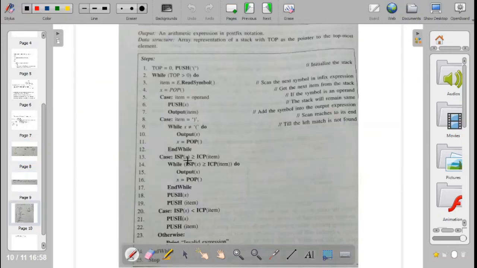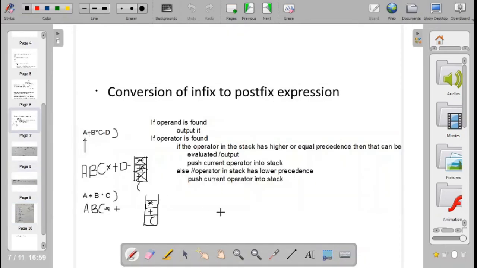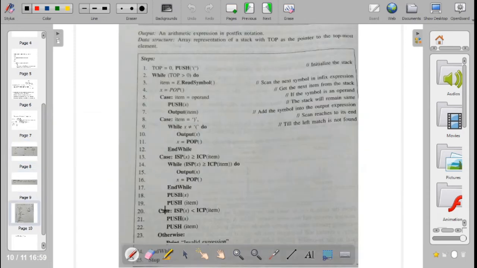If in-stack priority is greater than or equal to the incoming priority of the current operator, then you pop out all those operators in the stack which have a higher priority than the current operator we are processing. Okay, and then push it. What we have written here is also exactly that. Then push the current operator onto the stack. The same thing which is written here also.